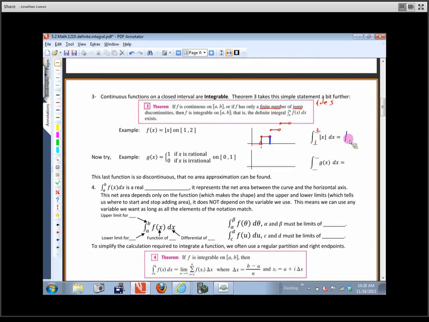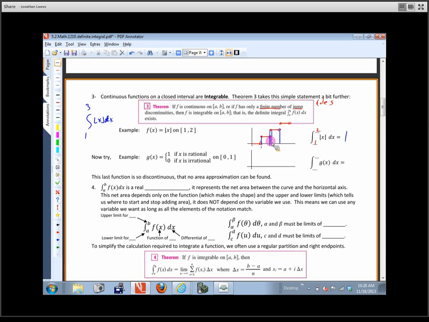In fact, if I did the integral from 1 to 3 of the greatest integer function, then I've got two concerns. I've got a concern on this endpoint, and I've got a concern right there. How wide does this little sliver right there in the center get if we take an infinite number of rectangles?